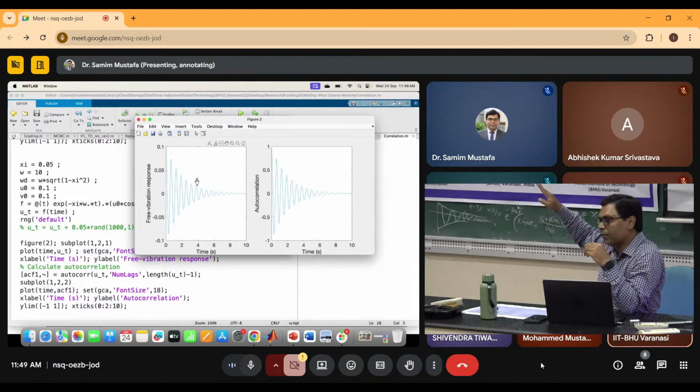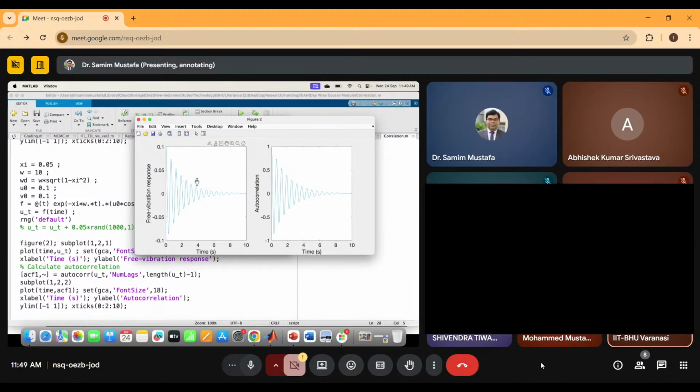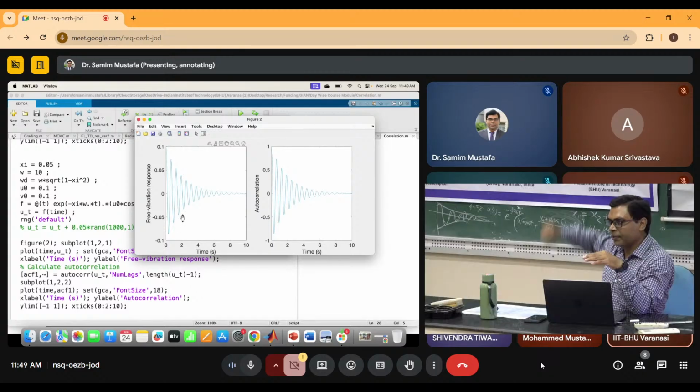There is a decay, each time with the subsequent time. Therefore this cyclic pattern is there, the free vibration cyclic pattern. That means they are not randomly generated.